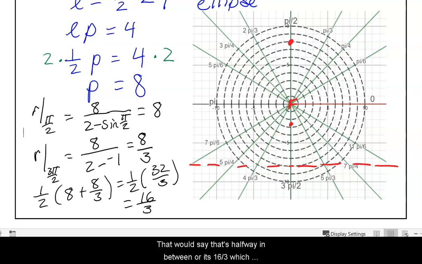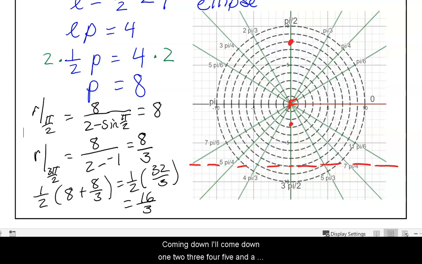That would say that halfway in between, or at 16/3, which is 5 1/3 between them, I should find the center of the ellipse. It'll be easier to go from the one that's on the actual concentric circle at 8. We're going to go down now, and we'll mark this one with a pink color.